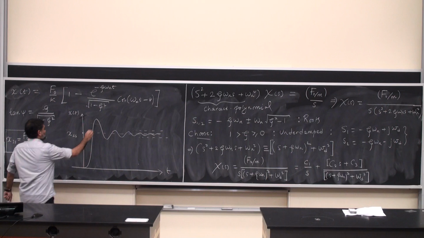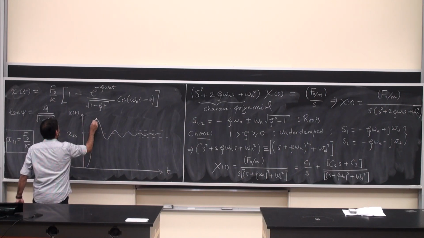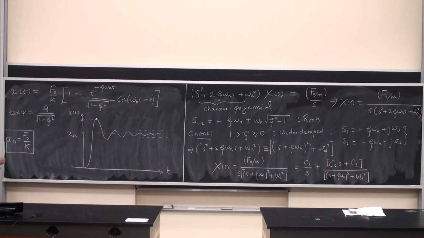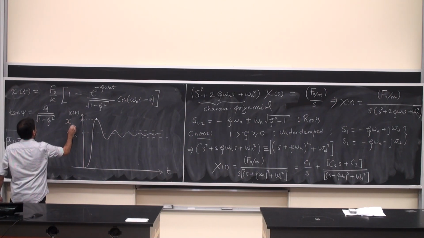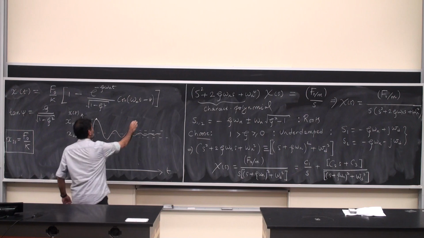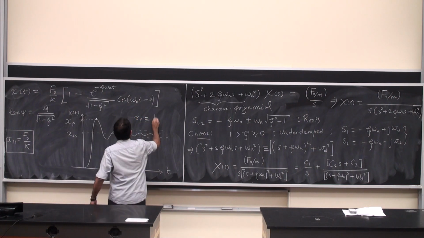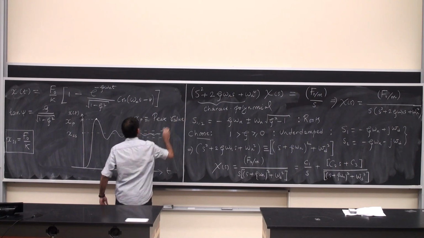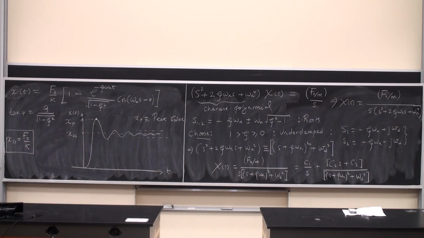Two points I want to mark here. One, this is the peak of the system. It's going to be called x suffix p. So x p, peak value of the response. The time at which this peak occurs, I'm going to call it t suffix p.